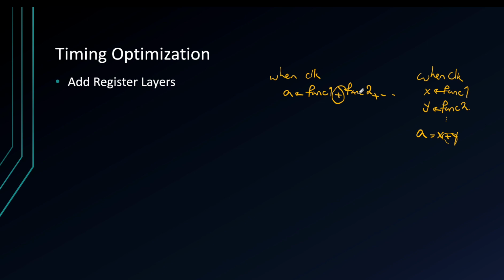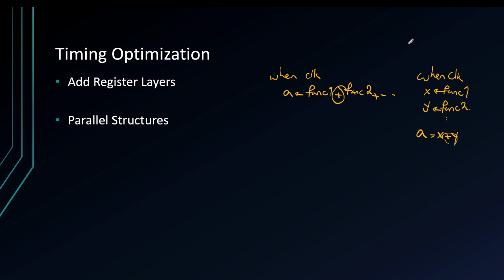In this example, in each clock, you're calculating function 1, you're calculating function 2, and that's it. So instead of calculating all of these and combining them, you're breaking it down by adding register layers to do just one function at a time, and then you combine them. It takes more clock cycles, obviously, but the clocks are shorter and it's improving your timing. So that's the first technique that you can use.